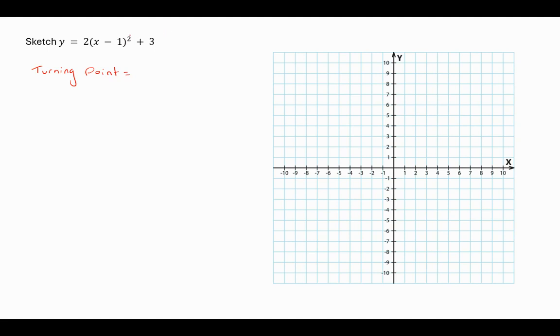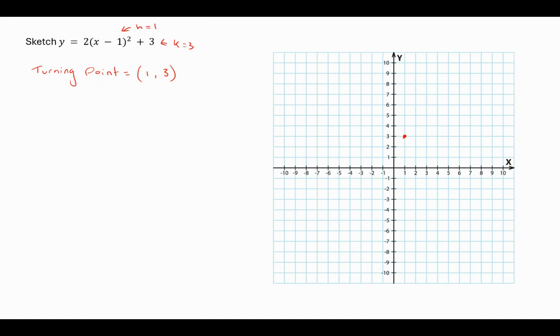And so h, here I can see we still have a negative, so that means h is going to be a positive 1, and k is going to be 3. So the turning point is 1, 3. That means the parabola, if we're comparing it to y equals x squared, has shifted 1 to the right and 3 up. Just going to put that turning point here.